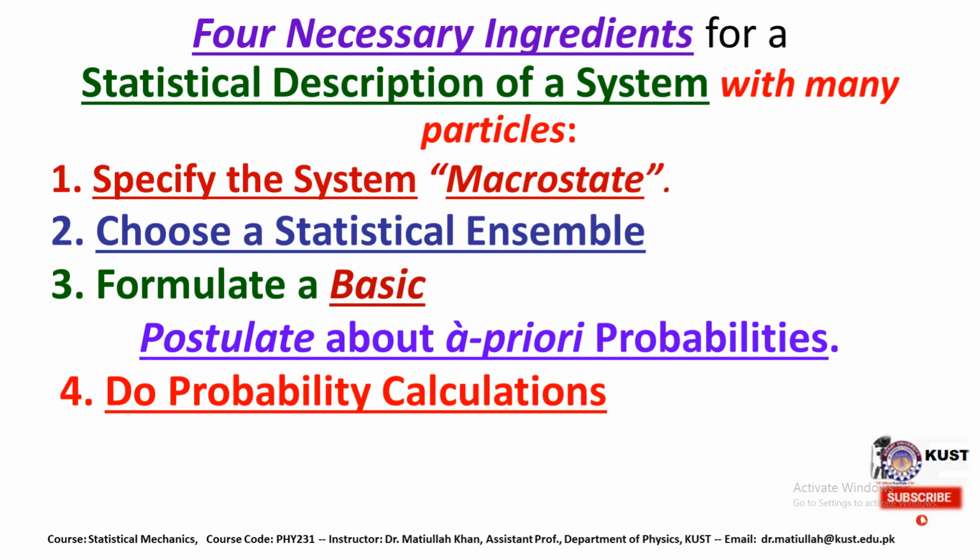Or in simple words, you can say that the probability of that particular event for all the possible cases is equal to each other. And at the end of this lesson, we will also do the probability calculation, how the calculation leads us to a particular value, that is the probability of any particular system.